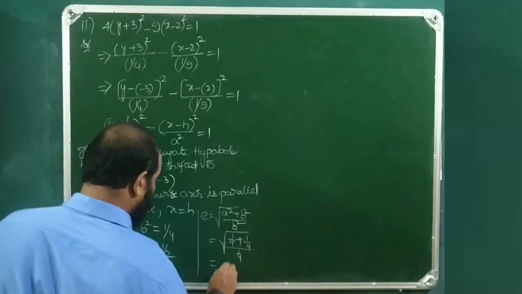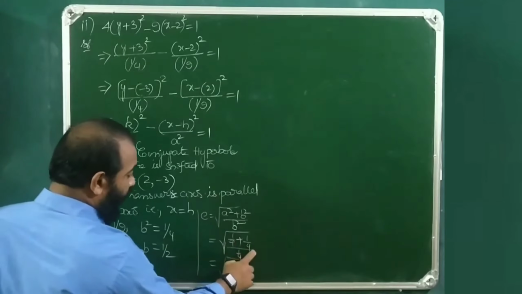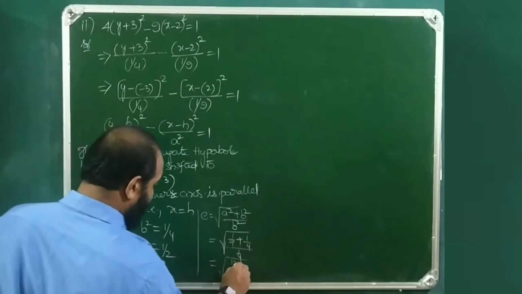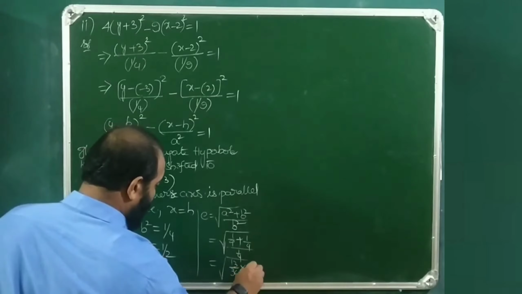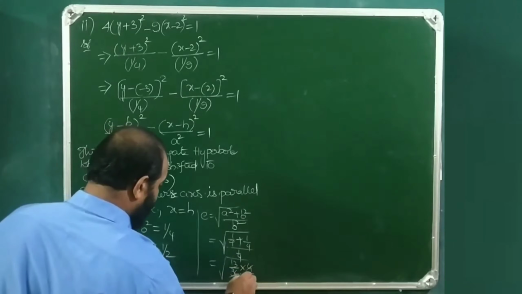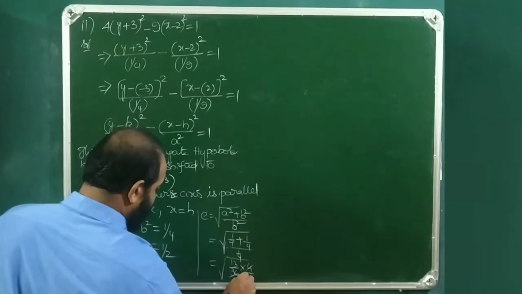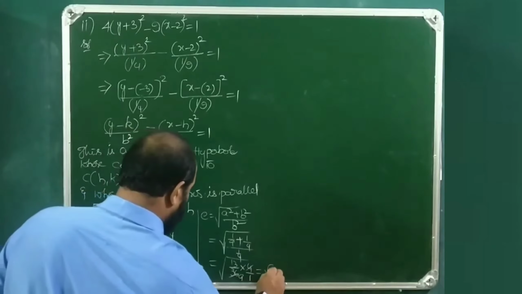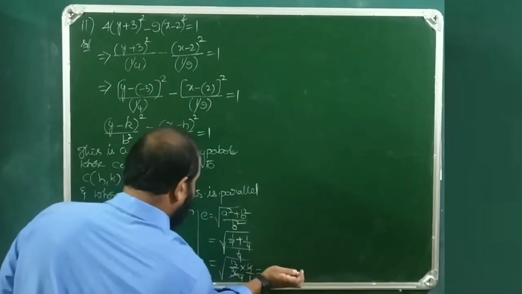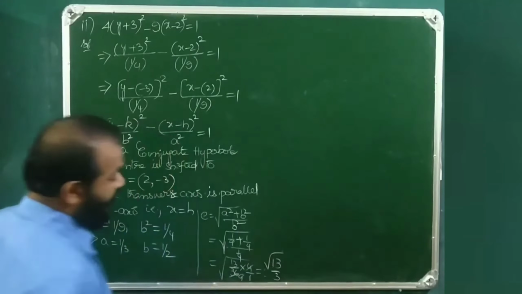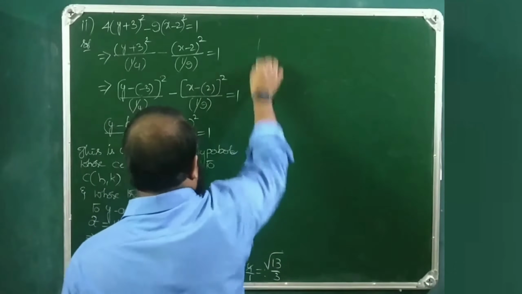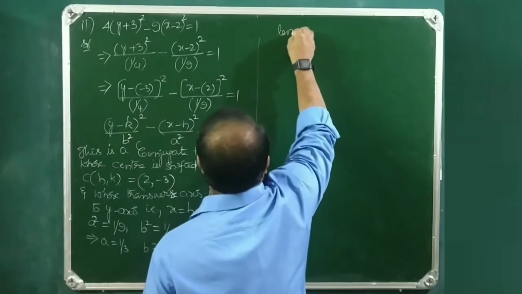So this is equal to 4 plus 9, 13 by 9, fours are 36. This is equal to root 13 by 3. This is the eccentricity. And the length of the latus rectum.